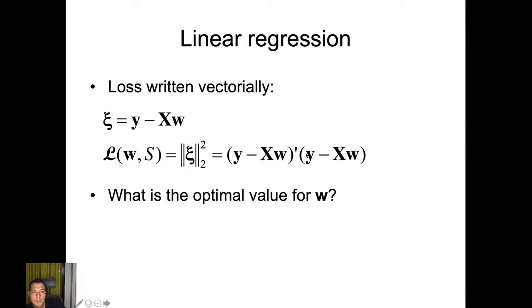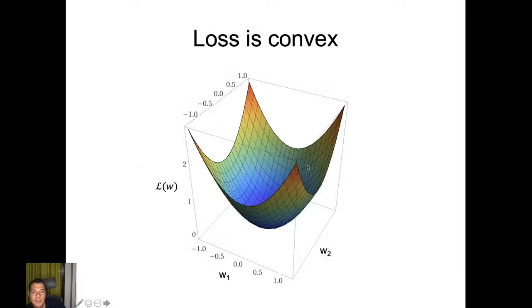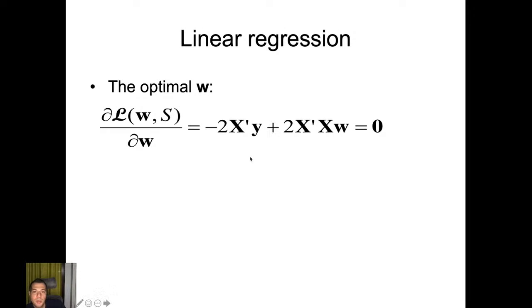So when we do the derivation with respect to w, this part will be 0, so it will get eliminated, and we have one component with w, so w disappears from it, and we have minus 2 x transpose y, and we have a component with w squared, so then the square comes here in front, and we have 2 times x transpose x of w.